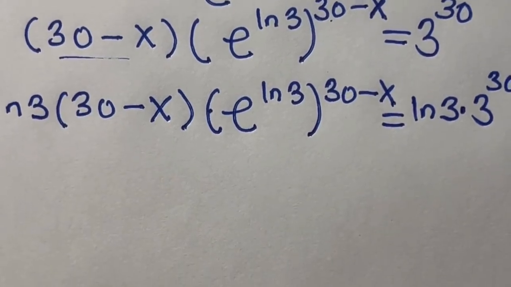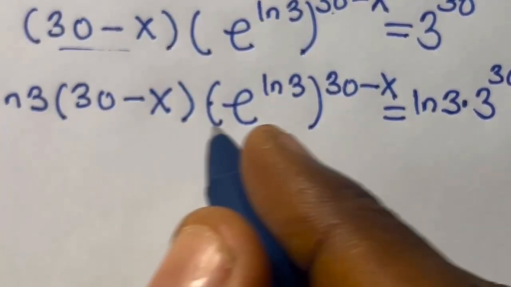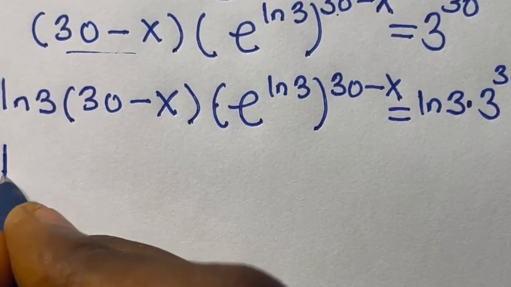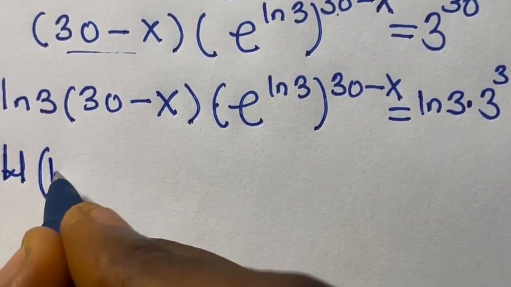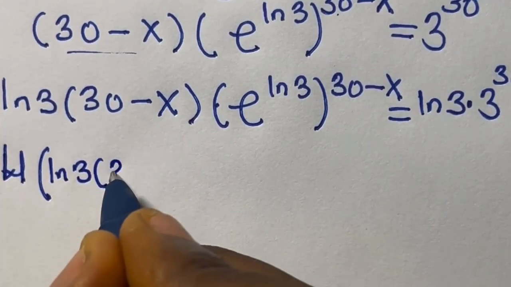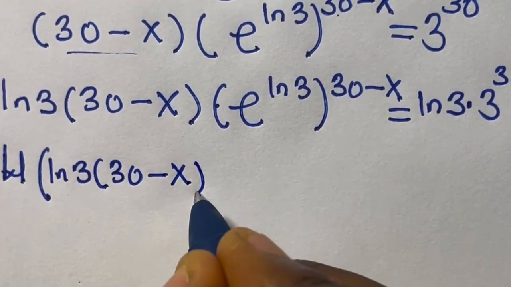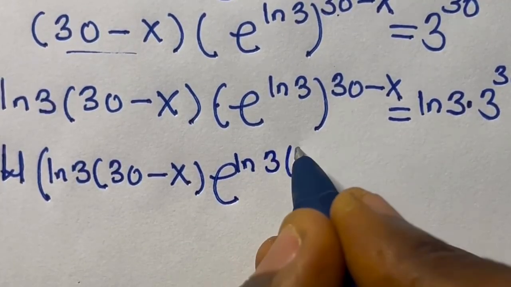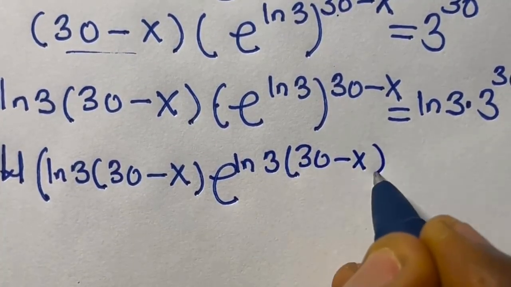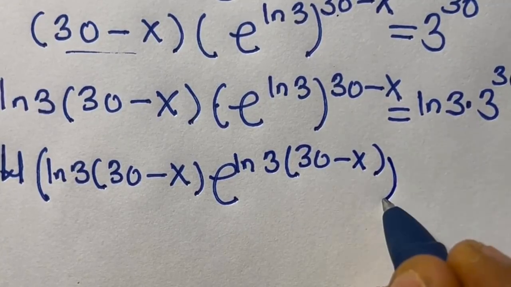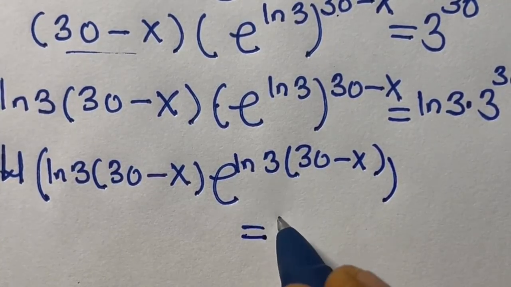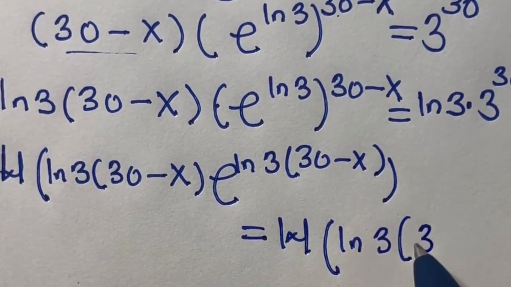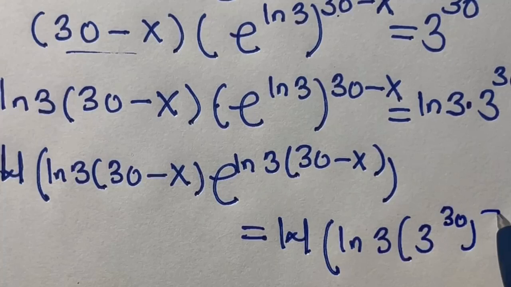So now we can take the Lambert function of both sides, such that we will have the Lambert function of ln 3 multiplied by 30 minus x, then exponential ln 3 multiplied by 30 minus x. This equals the Lambert function of ln 3 times 3 raised to the power 30.